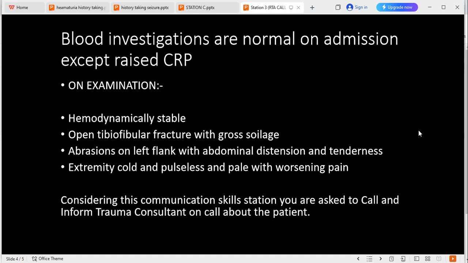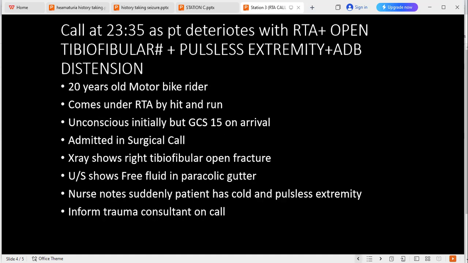Yes, I have this Mr. Ahmed. He's 20 years old and he's a motorcyclist. He was involved in a road traffic accident 2 hours ago. Clinically, he was unconscious before arrival at the hospital, but when he arrived, his GCS was 15.